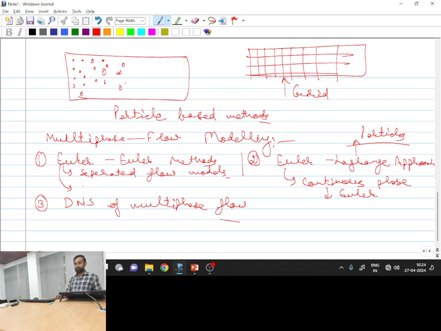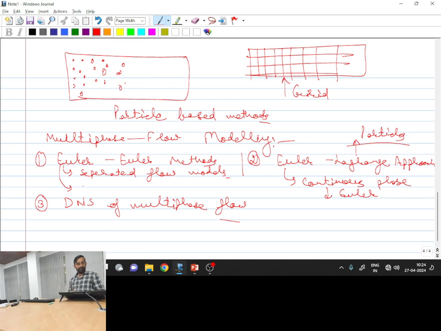Some of these forces, such as drag and lift, come through the interface between the continuous fluid and the particle. These forces are coming because of the fluid. Of course, the particle also imposes certain forces on the fluid in the opposite direction. So between the particle equation and the fluid equation we have coupling through interaction forces.